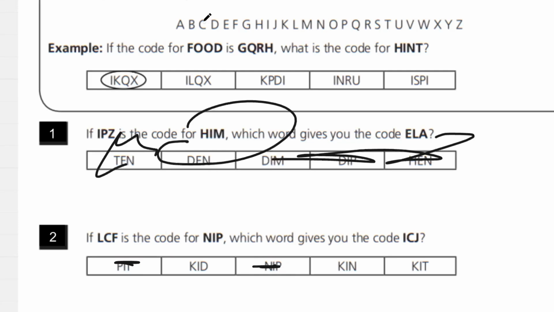C to I will be 2, 4, 6, C to same one, so we're going to get I. These, we can't cross any out. F to P is going to be 2, 4, 6, 8, 10. J add 10 is 2, 4, 6, 8, 10. We get kit.